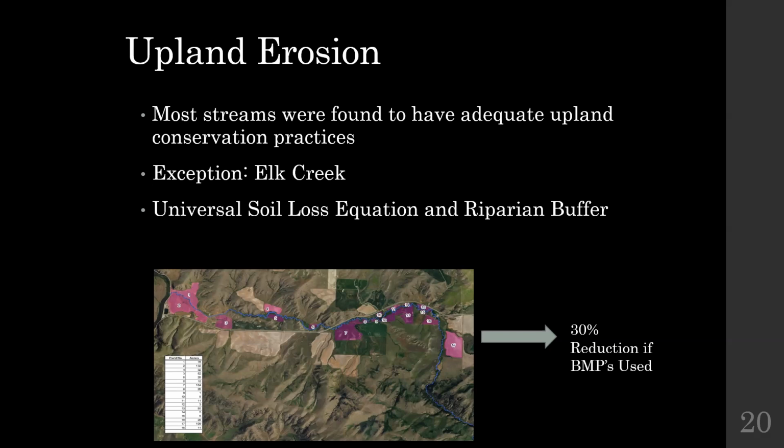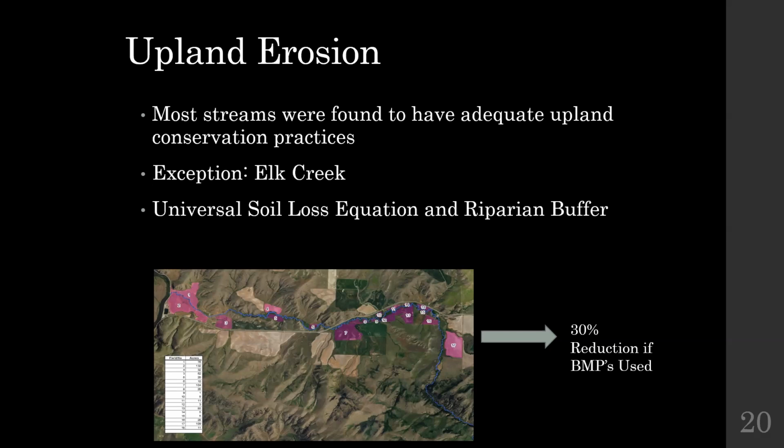So another model was used to estimate how much erosion would be going into the stream given the current cropland practices by digitizing where those fields were, looking at the crop cover and the width of the riparian zone, and using a universal soil loss equation model, predicting the amount of erosion into the stream.